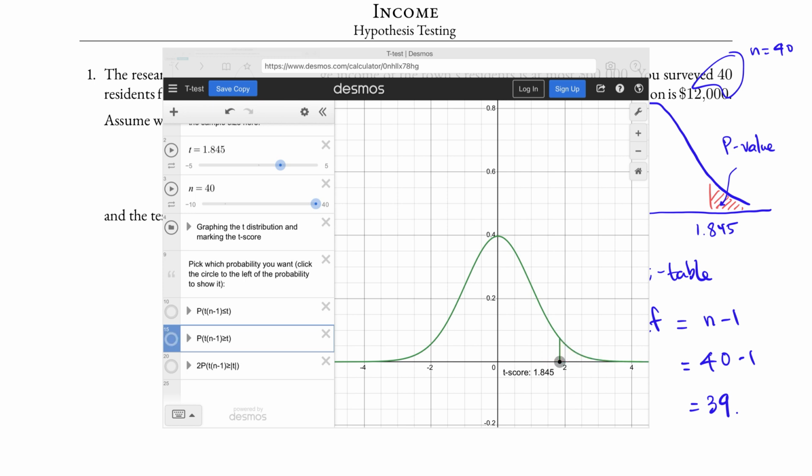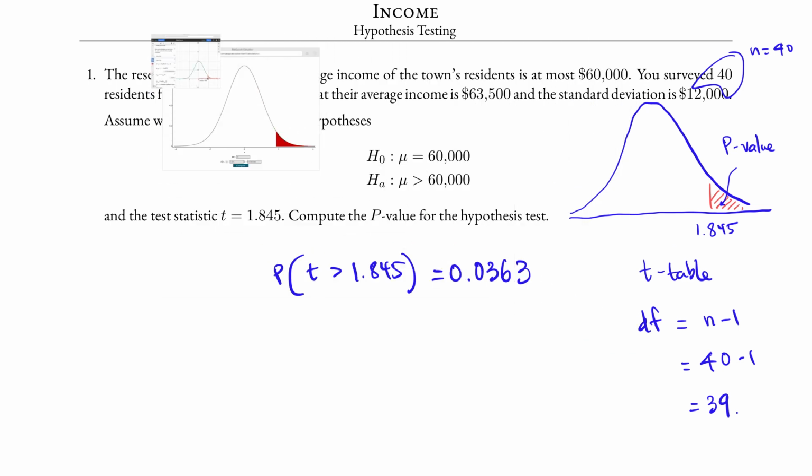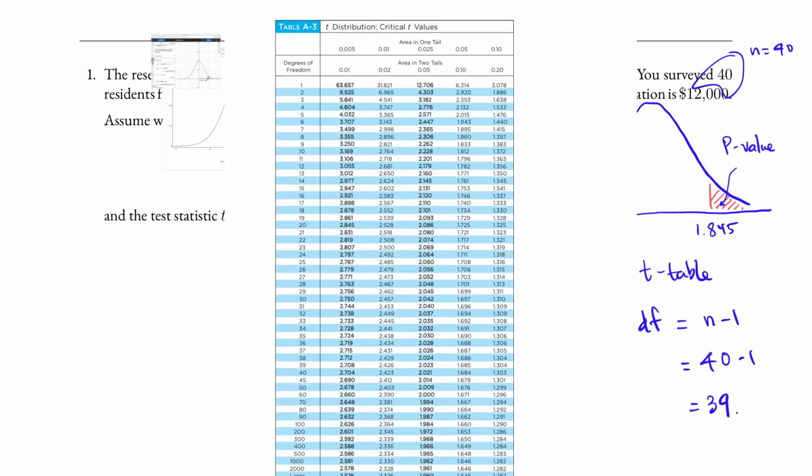In this case, we are performing the right tail test, so we will select the folder with the right tail test and expand it. We see that the corresponding p-value is 0.0363, rounded to 4 decimal places. This value is known as the p-value for the hypothesis test.